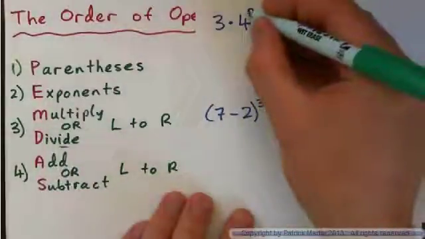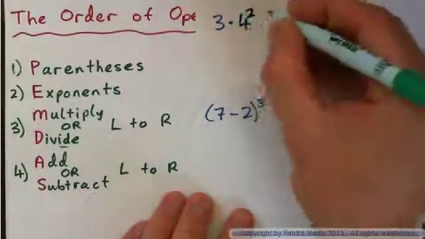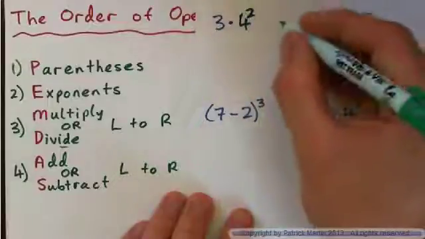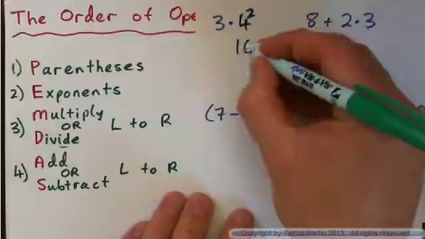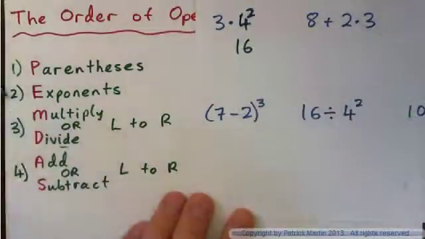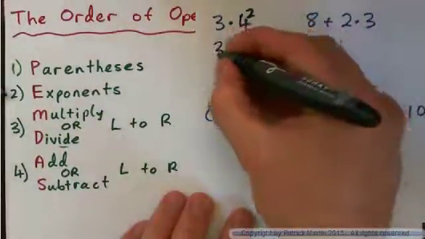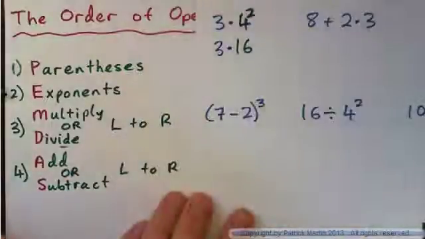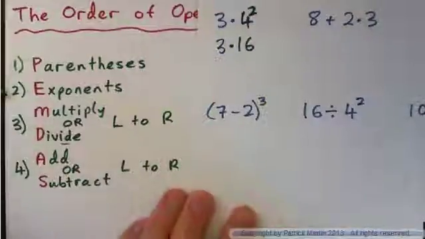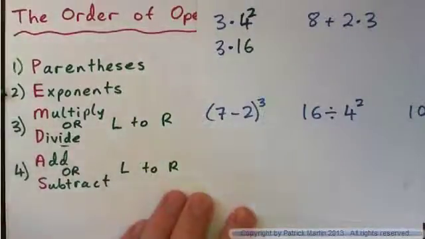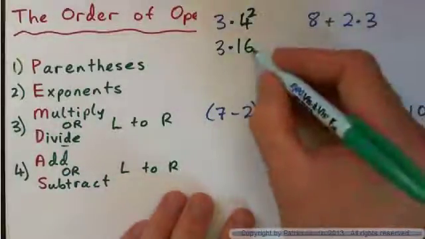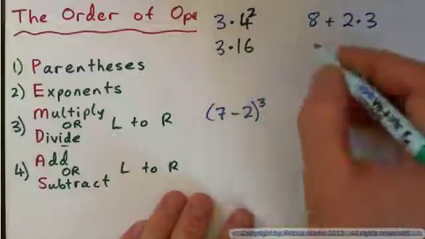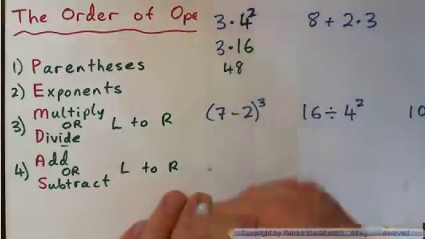So the exponent is 4 squared, which is 4 times 4, which is 16, right? And then we have 3 times that, 3 times 16. Write down the answer. 3 sixes is 18, 3 tens is 30, 18 and 30 is 48, right?